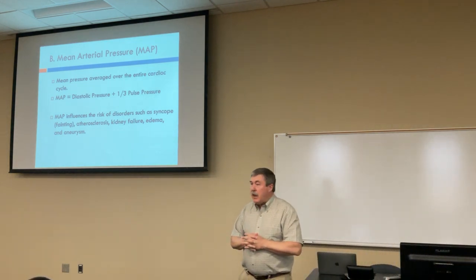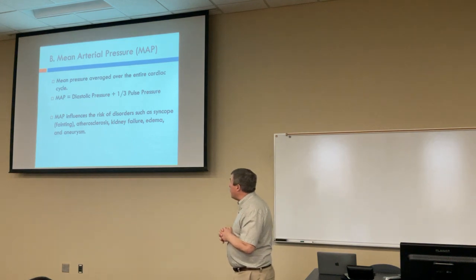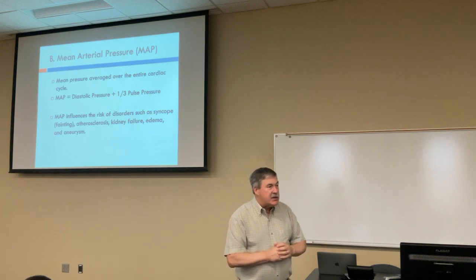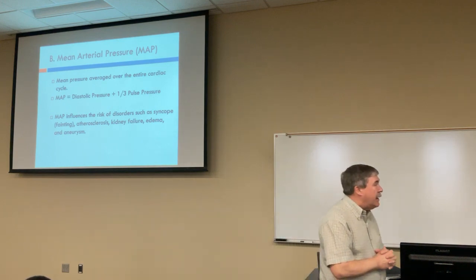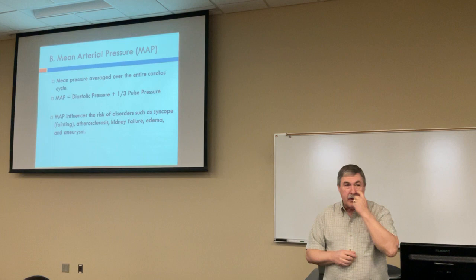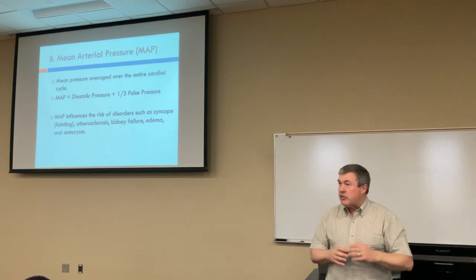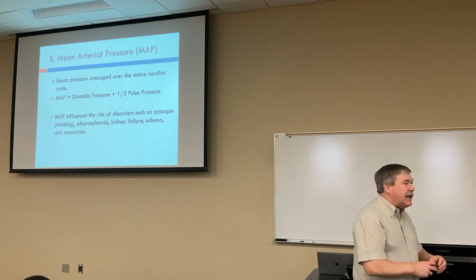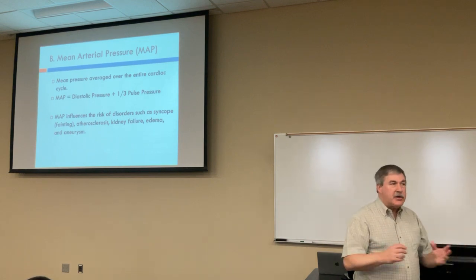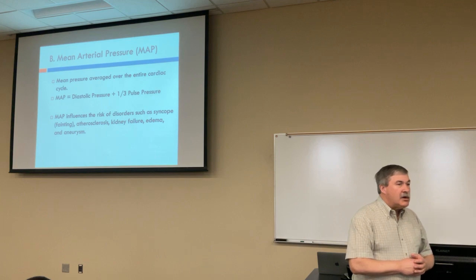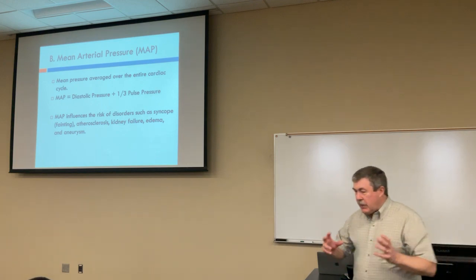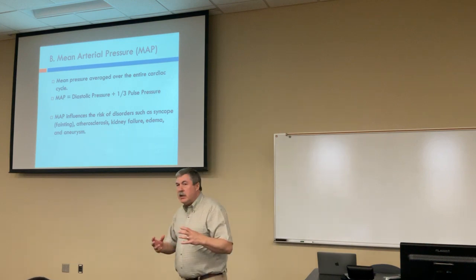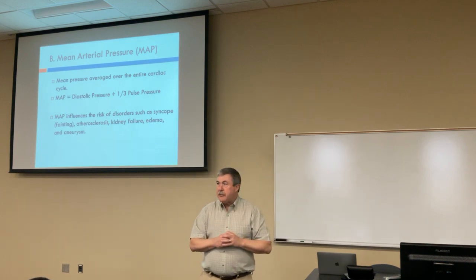So the way you calculate mean arterial pressure is by starting with your diastolic pressure measurement and then adding to that 1/3 of the pulse pressure. And the pulse pressure, remember, is the difference between the systolic and diastolic pressure. That gives you the average blood pressure over time. So what that does essentially is it reduces two separate blood pressures into just one number.